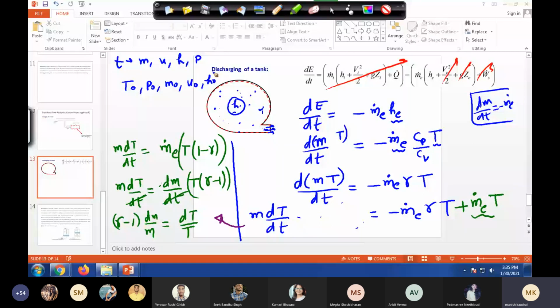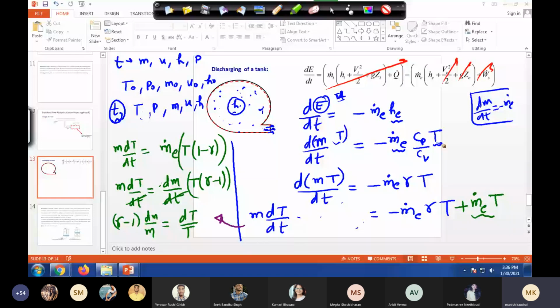Then evacuation starts taking place. At any instant of time, you have some mass, some pressure, some temperature, some U, and some H. This is valid throughout this CV, either exit or here, doesn't matter. Exit is also part of the CV. That's why we can write this H as CPT and this E as CVT, because E consists only of internal energy, U. And that's why this T is the same.